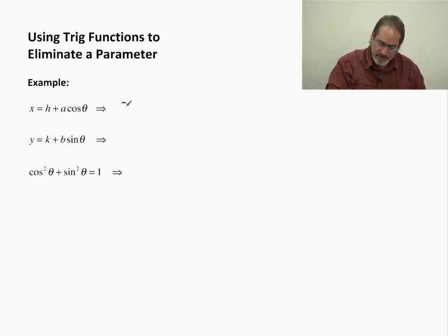Well, this implies that (x minus h) over a is equal to cosine of theta. If y equals k plus b sine theta, that would then imply that (y minus k) over b is equal to sine of theta.